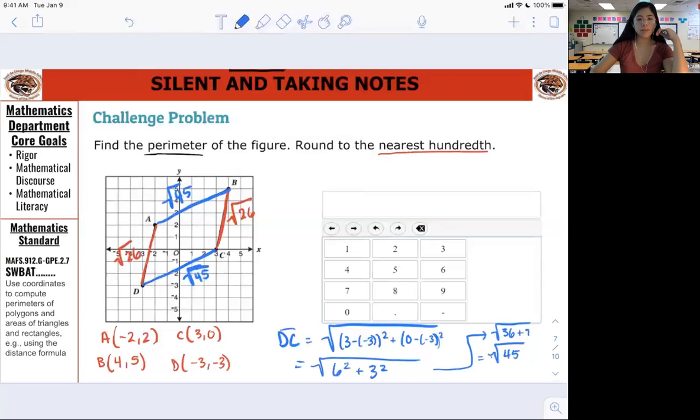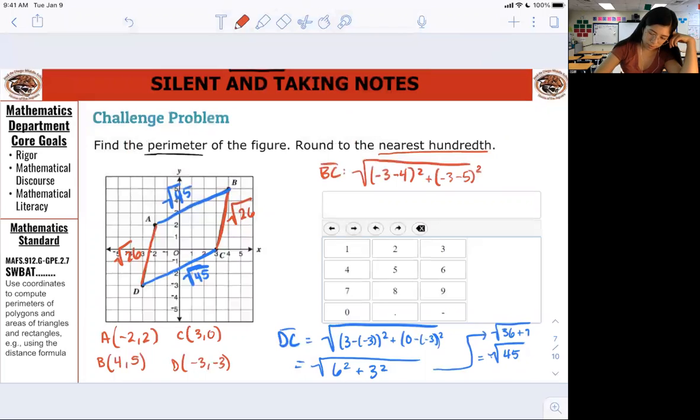Okay, I'm getting a request to work out BC, and we do have time, so I will do it. So BC, really quick, if you worked on this and just want to double check it, BC would have been negative 3 minus 4 squared and negative 3 minus 5 squared, which would be negative 7 squared and negative 8 squared. Oh, I'm sorry, I was looking at the wrong numbers.